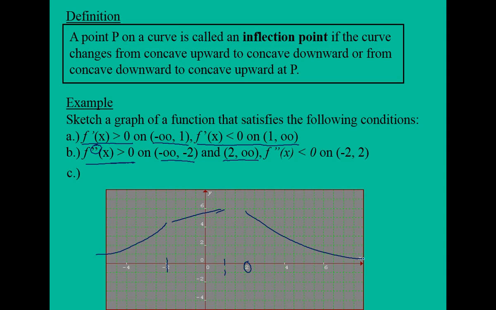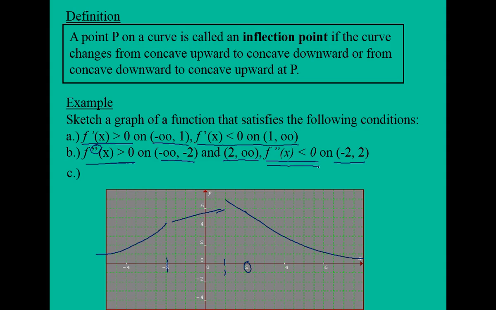Now, finishing part B, it says the second derivative is negative on the interval -2 to 2. Now I'm going to have to go back up since I erased my graph. It was increasing from -infinity to 1 and then decreasing from 1. Okay, so it was decreasing here. Okay, so let's look at the concavity from negative 2 to 2, it says it is negative, so it would be concave downward.